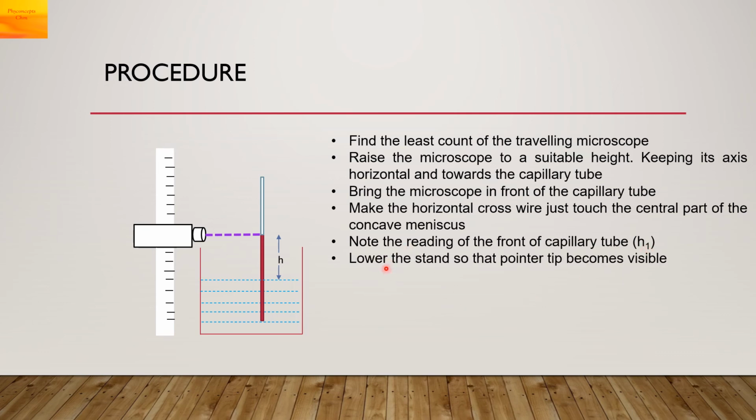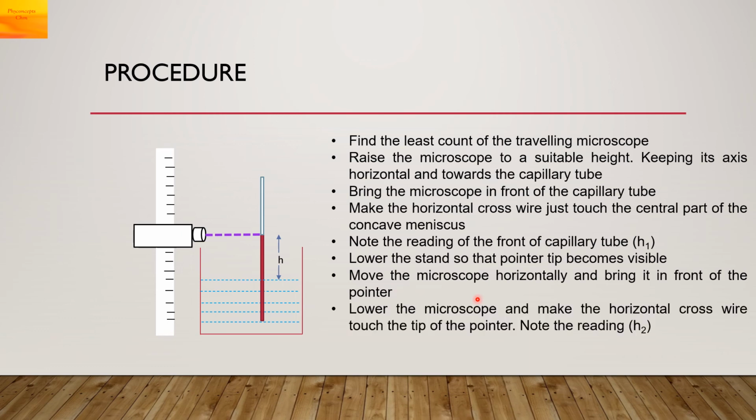Now we will lower the microscope so that the pointer tip becomes visible. Lower the microscope, adjust it, and make the horizontal crosswire touch the tip of the pointer and take the reading as H2.